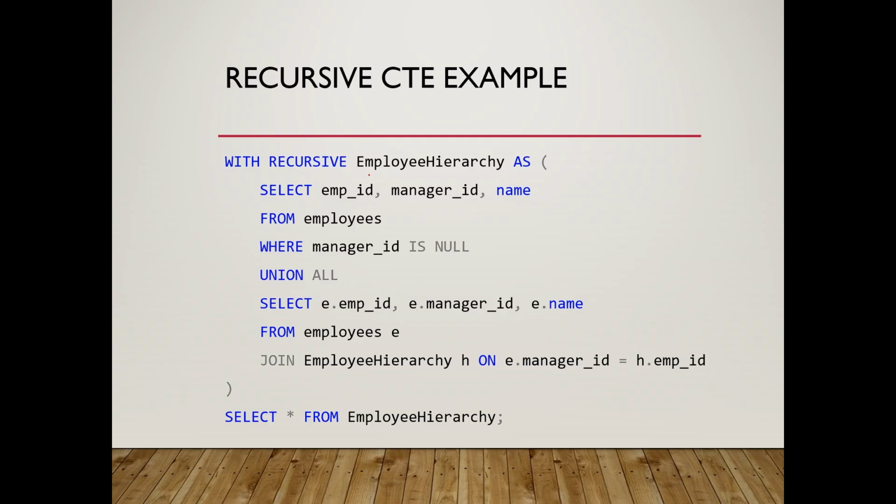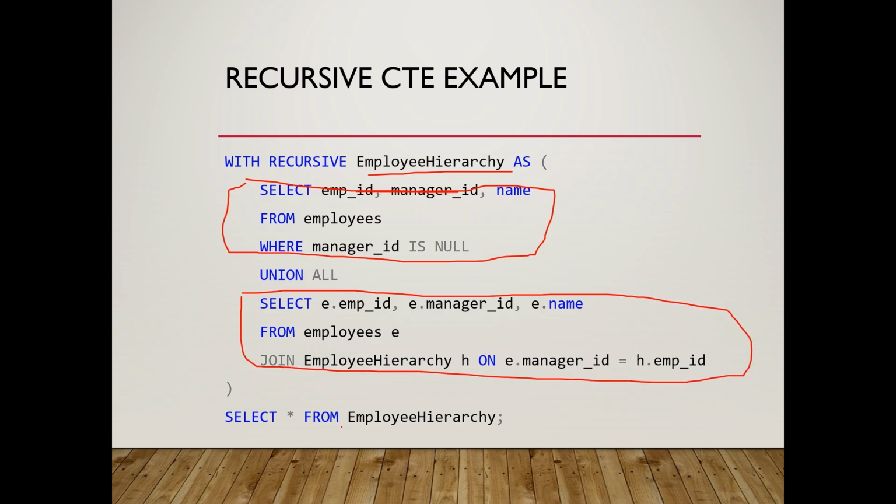So in this employee hierarchy, employee ID, manager ID, union with this one, we build the entire tree of employees reporting to their managers step by step. Based on that hierarchy we get our data.